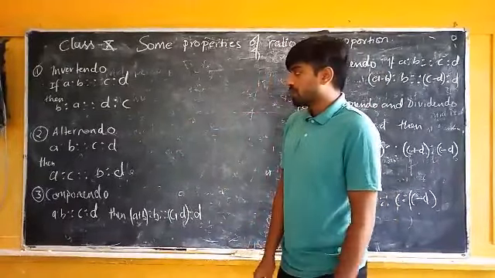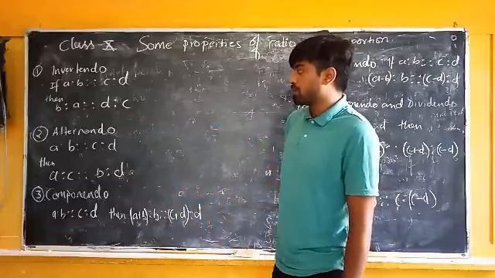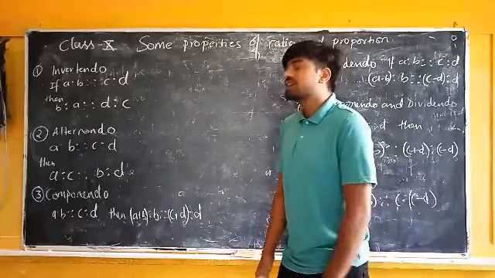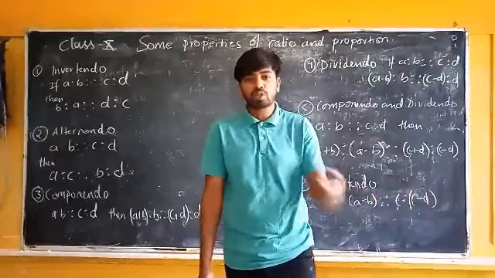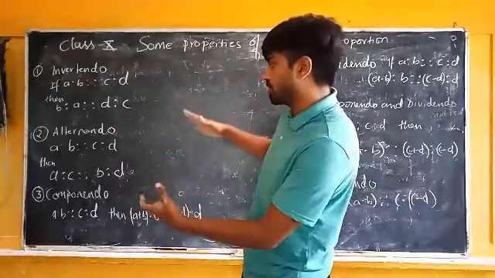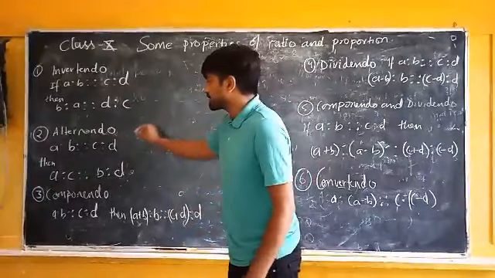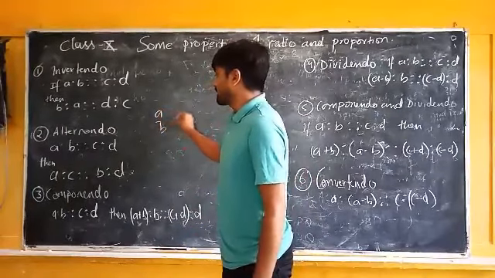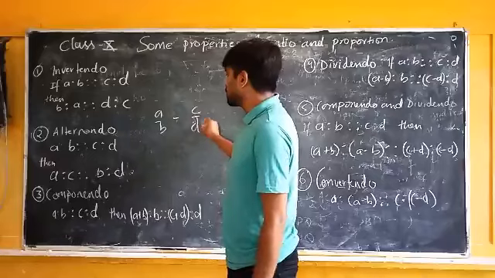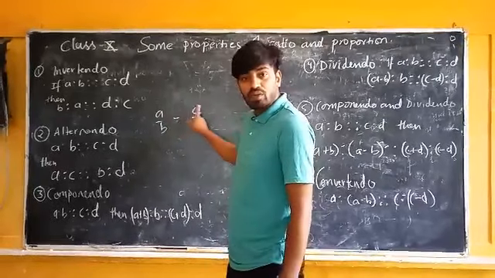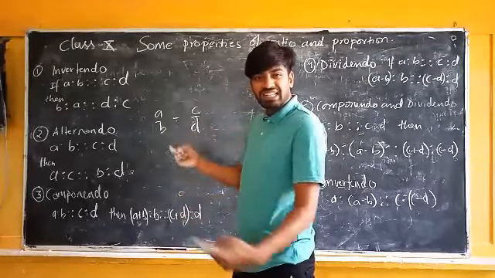The second property is alternando. Alternando means alternate. So what does that mean? If I have A upon B equals C upon D, you know that I can exchange this over here and this over here. Alternate.